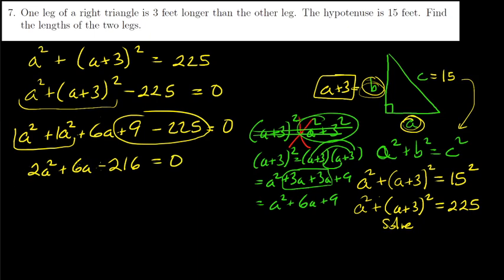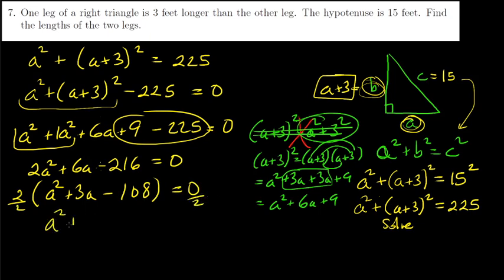A is 2, B is 6, and C is negative 216. These are some big numbers, but to factor this, I would first factor out the 2 as the GCF. And you can divide by 2. Let's get that out of the way. So a squared plus 3a minus 108 equals 0.